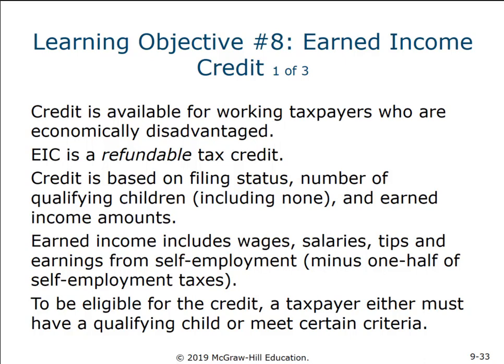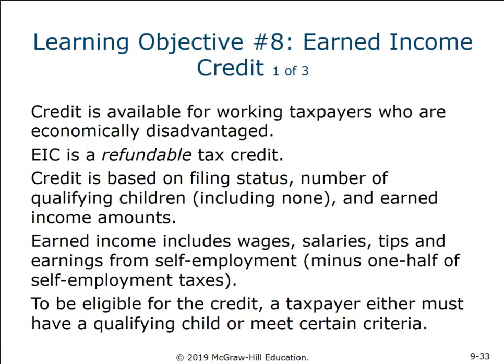When it's really low, your credit is also low. But as you go up, the credit itself gets higher and higher until it reaches a point, and then it starts to go down the other way. It starts to reduce as your income continues to go up. So you might say there's kind of a sweet spot in between there where it's the maximum earned income credit.